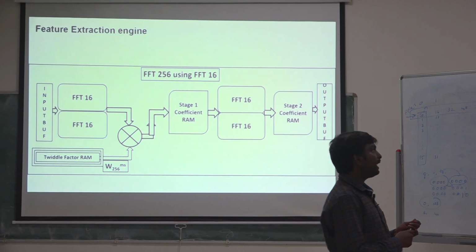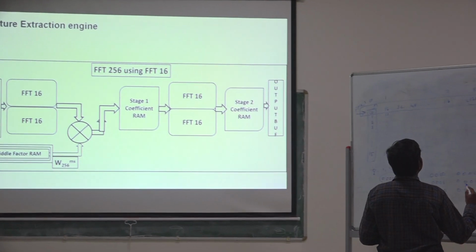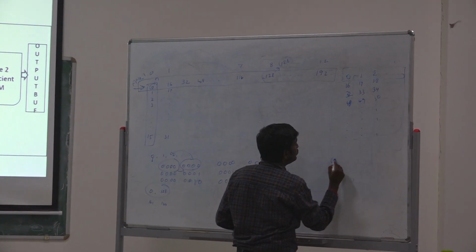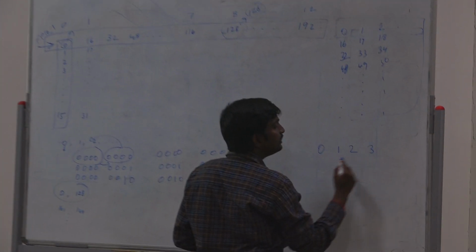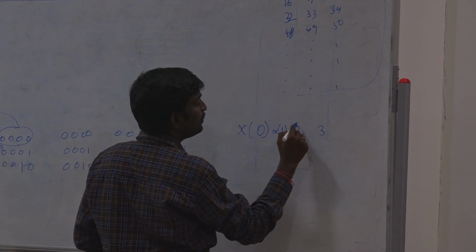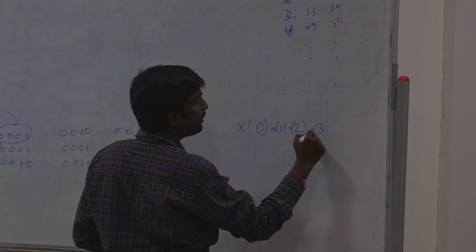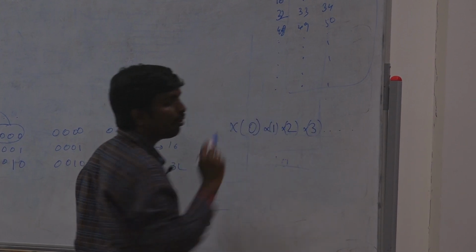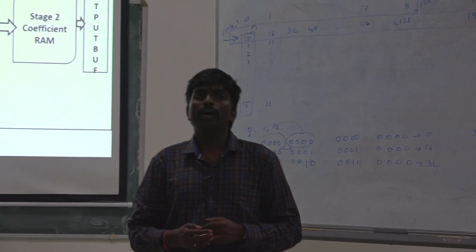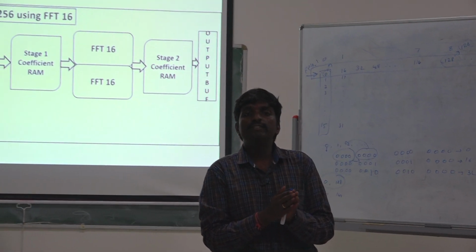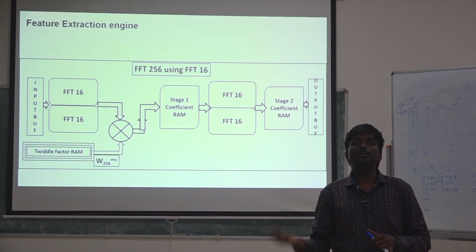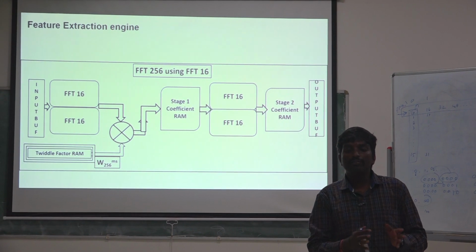In this case, for stage 2 coefficients, we are trying to process 0, 1, 2, 3, which are actually the capital X of 0, capital X of 1st coefficient, capital X of 2nd coefficient, capital X of 3rd coefficient, and so on. But as we discussed before, once a FFT or a transformation is computed, we will get mirror frequencies along with the original frequencies.